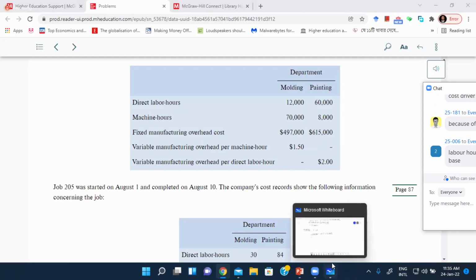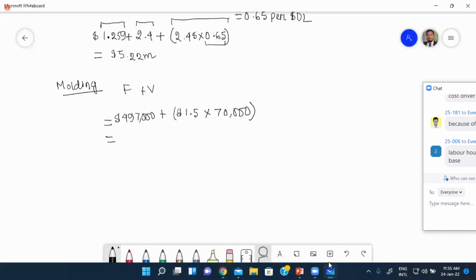Okay, so if we sum up all this, we will get 602,000, and that is the cost for the molding department.